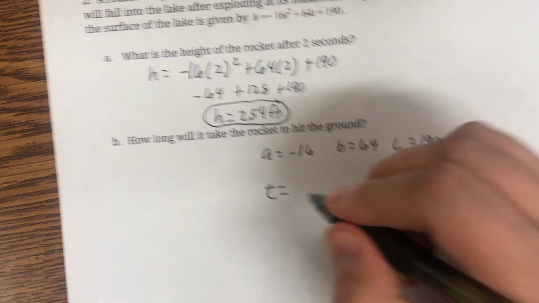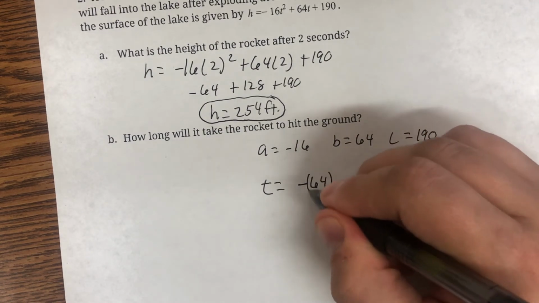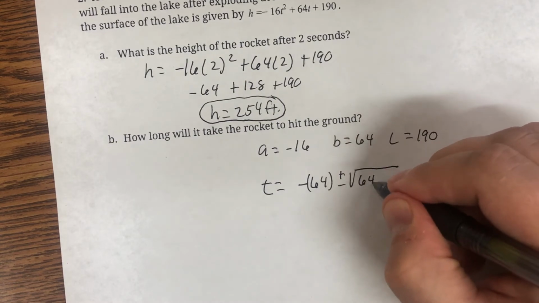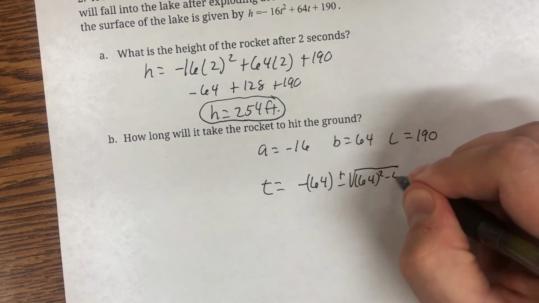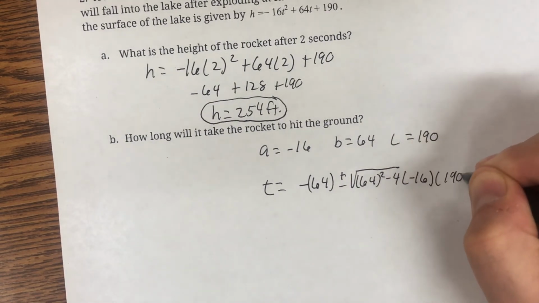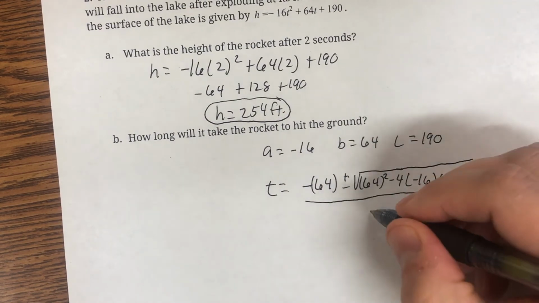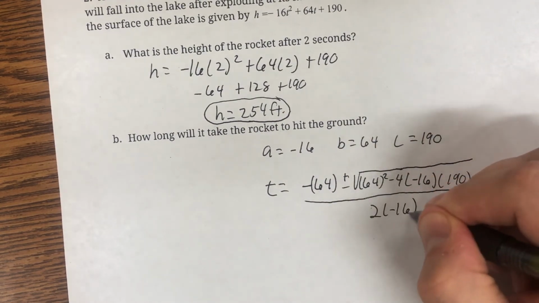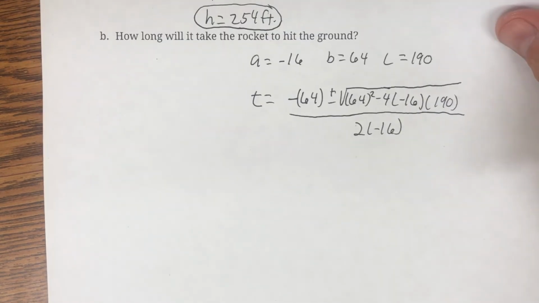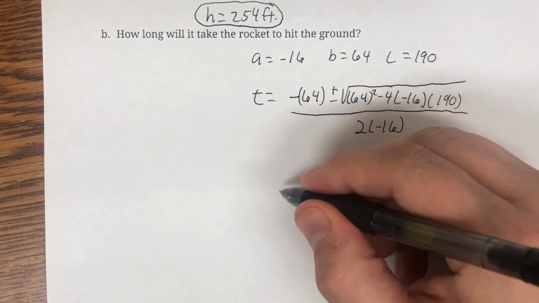So t is equal to negative b, which is negative 64, plus or minus the square root of b squared, that's 64 squared, minus 4 times a, negative 16, times c, 190, all over 2a, 2 times negative 16. All right, simplifying it down. Let's see what we come up with. When I take the square root, I'm going to rewrite.